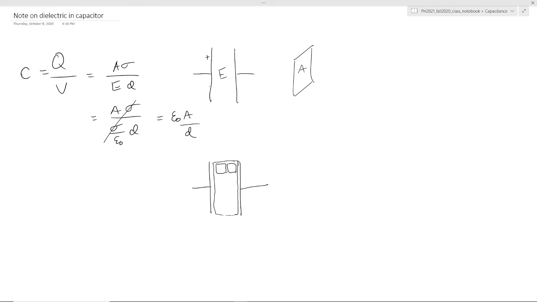So imagine you have charged up your capacitor. What would happen is that each little individual cell is going to get polarized inside the capacitor. So while up here you would have field lines pointing between the plates, here you would have that as well, and it's going to polarize the dielectric material.